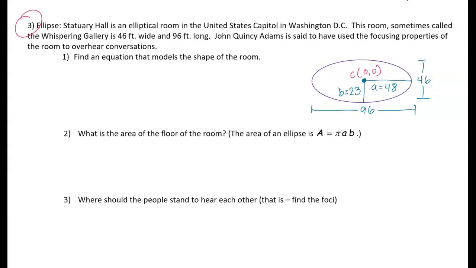You assume it's on 0, 0 because now you don't have to worry about adding or subtracting anything from your x squared and y squared values. Instead, we just place our a and b values under x and y. What goes under the x squared term?